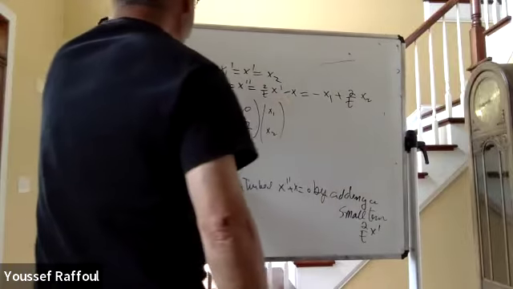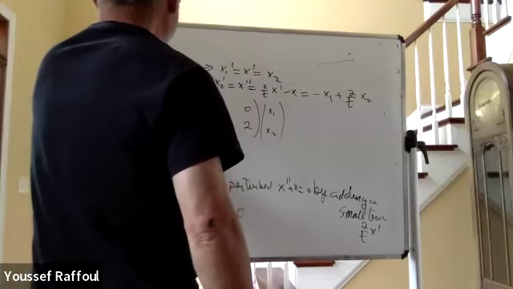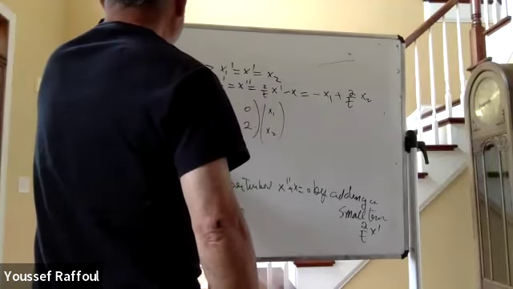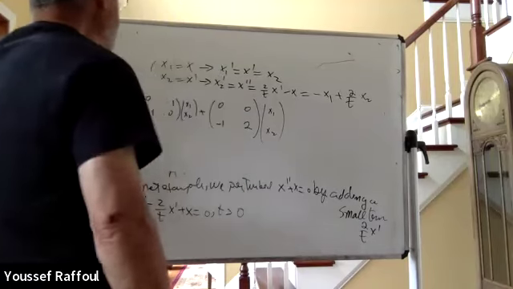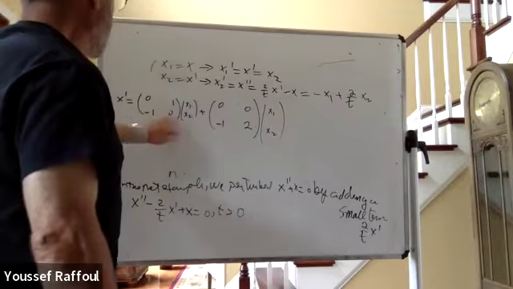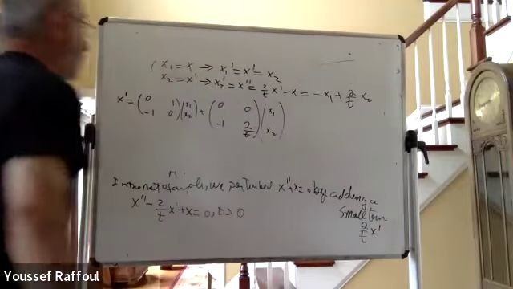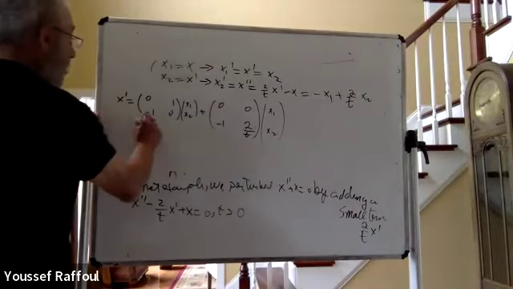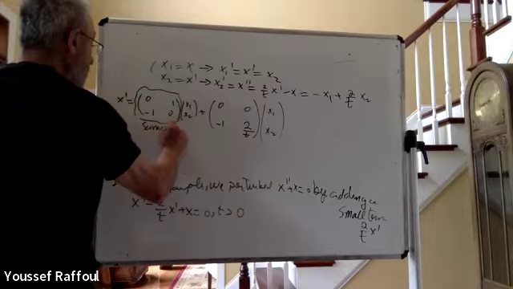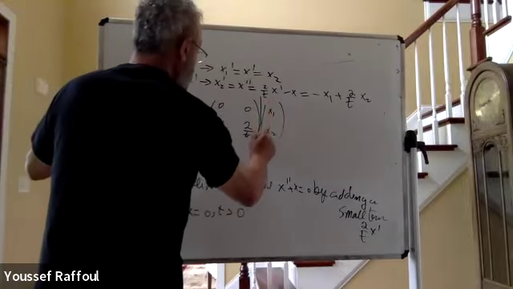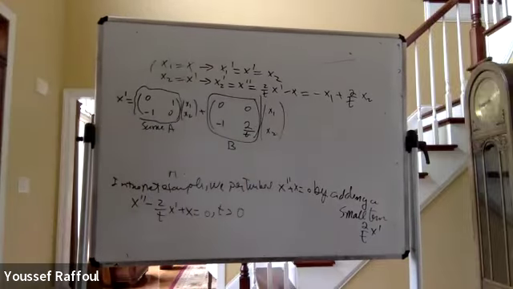So x1 prime equal to x2, and x2 prime equal to minus x1 plus 2 over t x2. So this is our A, this is the same A, and this is our B. You see that?